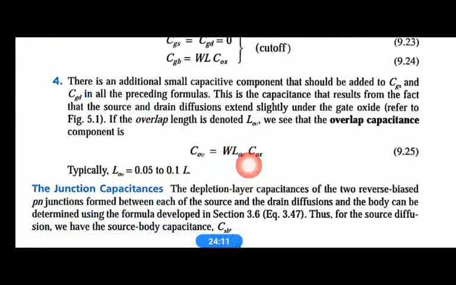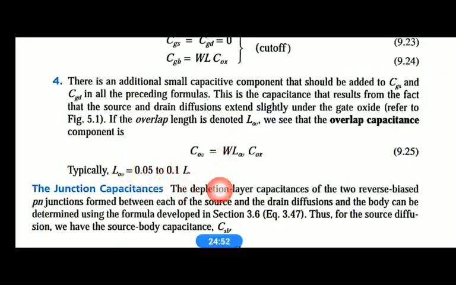L overlap is the length of the overlap portion, which is usually 0.05 to 0.1 of L. If L is 10 micrometer, then L overlap may be 0.5 micrometer or 1 micrometer.